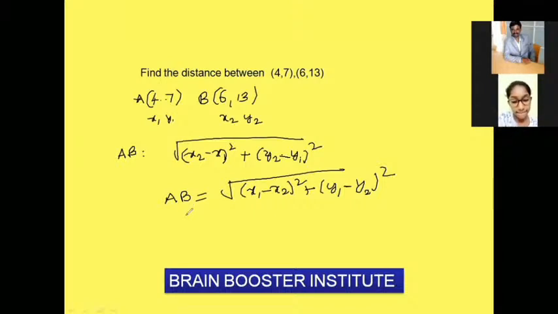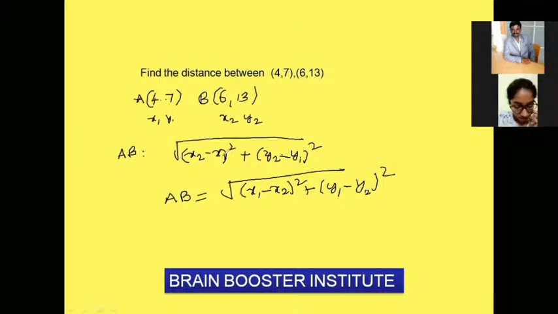Sir, the distance of AB for points (x1, y1) and (x2, y2) is under root of (x2 minus x1) whole square plus (y2 minus y1) whole square. She wrote it as under root of (x1 minus x2) whole square plus (y1 minus y2) whole square. What was the difference between them?